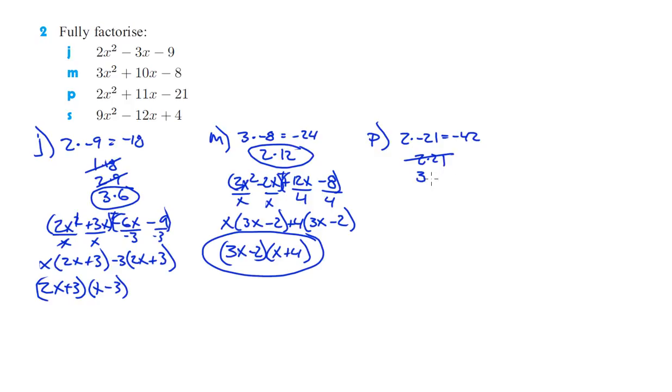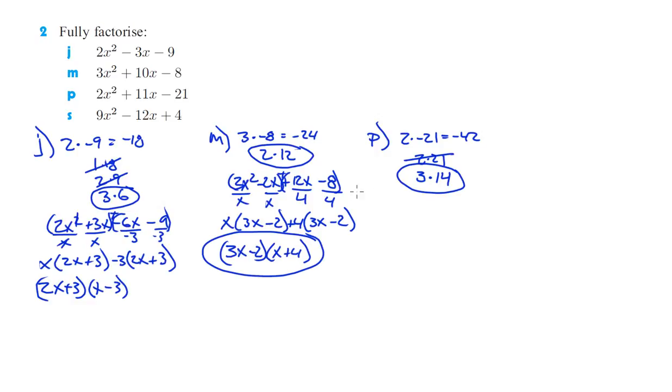How about 3? 3 times 12? No, that would be 36. 3 times 14 is 42, which does have a difference of 11. So those are going to be our factors.